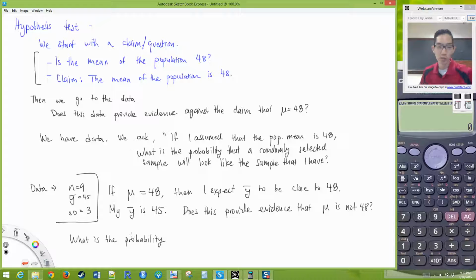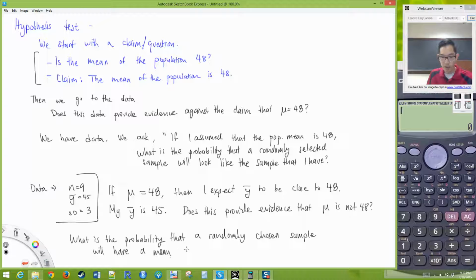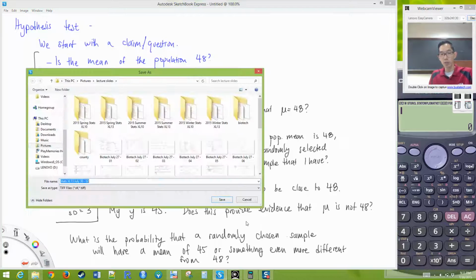So I'm essentially asking, what is the probability that a randomly chosen sample will have a mean of 45 or something even more different from 48? This is the question that we're going after.